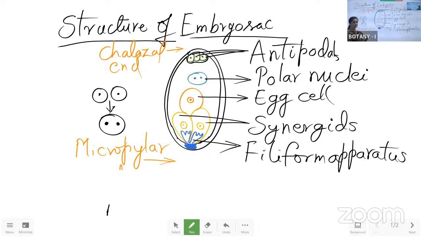One more function: the synergids give nutrients and space for the further development of the egg cell for the fertilization process. So this much we have to write and wind up this answer. It is the easiest LQ in the botany subject itself, so prepare well with the diagram so that we can easily go with the explanation part.